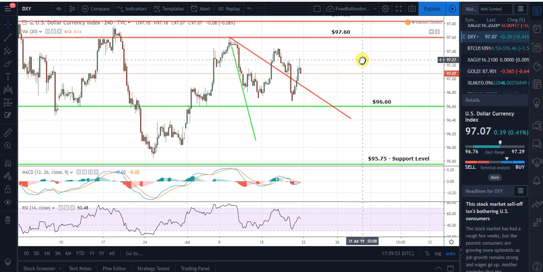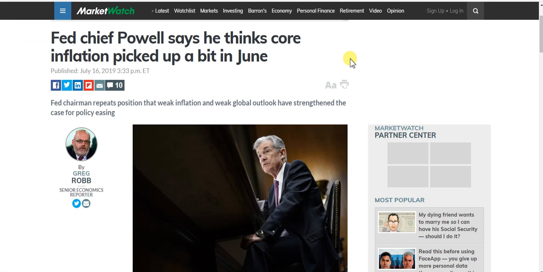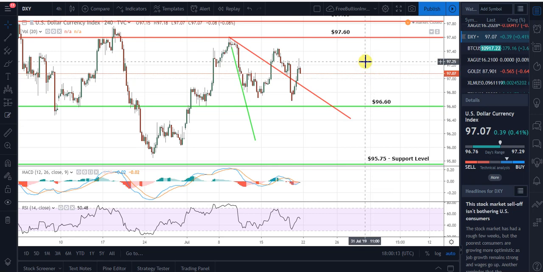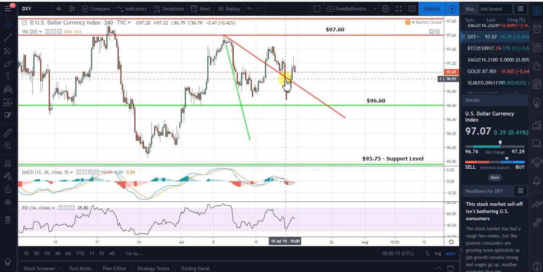But then in the middle of the week, we had the Fed chair come out and basically pick up on the fact that we may see a rate cut at the end of this month, and also the IMF came out on Wednesday stating that the dollar is overvalued, which kind of sent traders running.